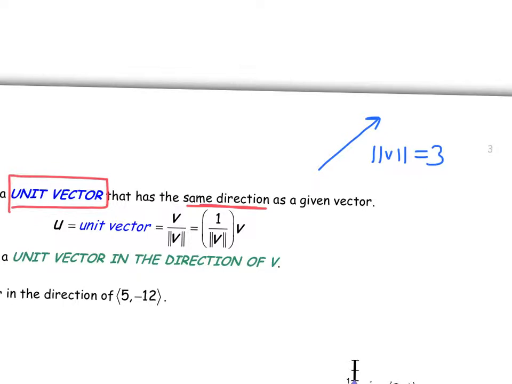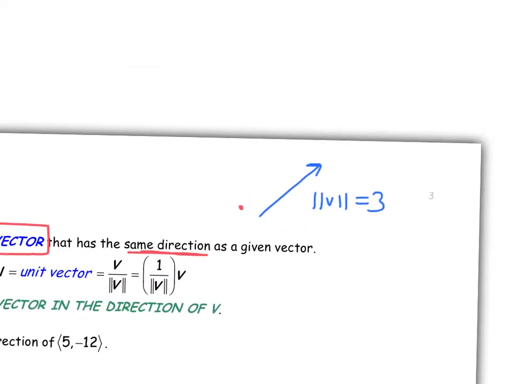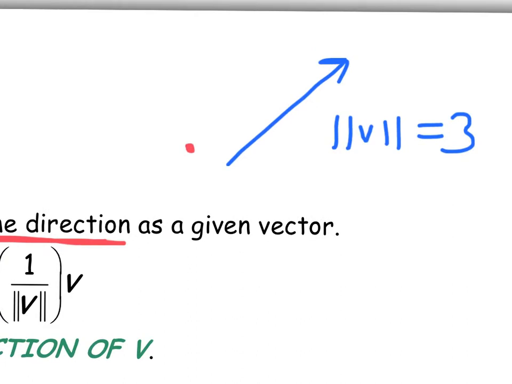Well, I'm going to find a unit vector, which would be the exact same direction. The only difference is that it would have a magnitude of 1. So it would be a third of that. So if this one were u, then my magnitude would be 1. Same direction, but just squashed down to a magnitude of 1.